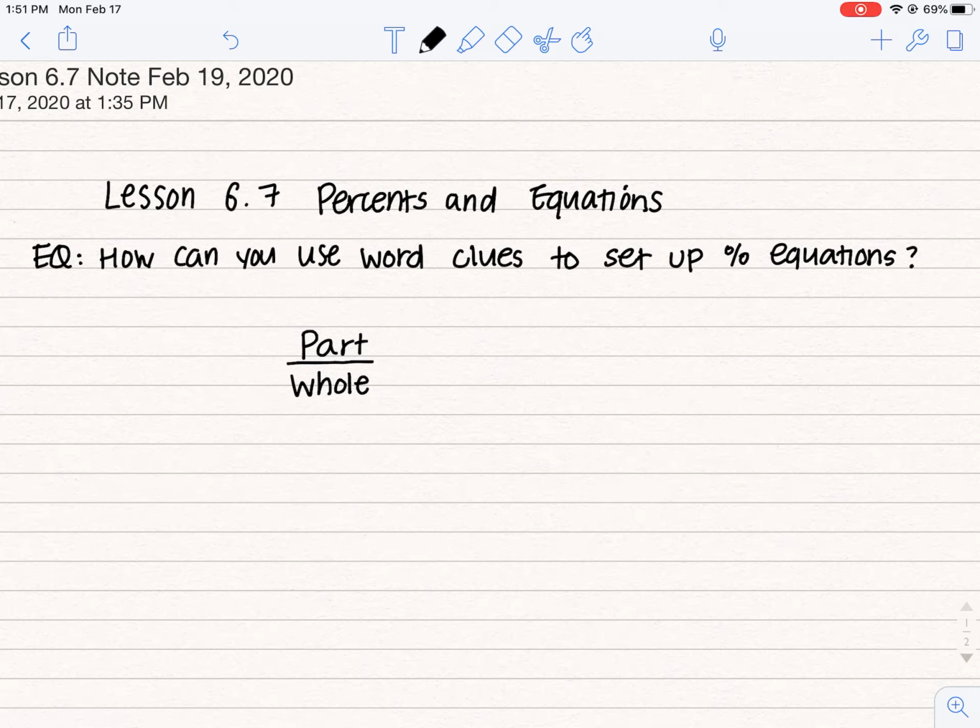So part over whole, 1/4, 3/4, whatever it is, it's a portion that you want to know over the whole thing. If you want to find the percent of a part, you're always going to put it over 100. 100 is always going to be a constant number. Whenever you see a percent, it's going to be over 100.